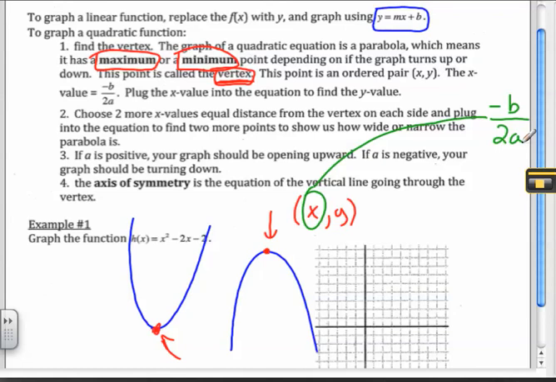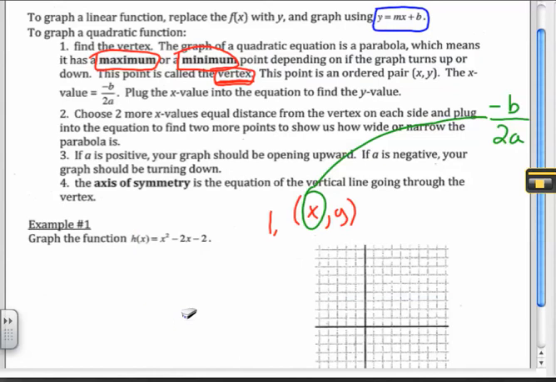Now guys, do you know what those mean, b and a? Let me ask you this. If I said, solve this equation, y is equal to 2x squared minus 2x plus 4, would you know what a, b, and c are? Yeah. Okay, then you know what b and a are.